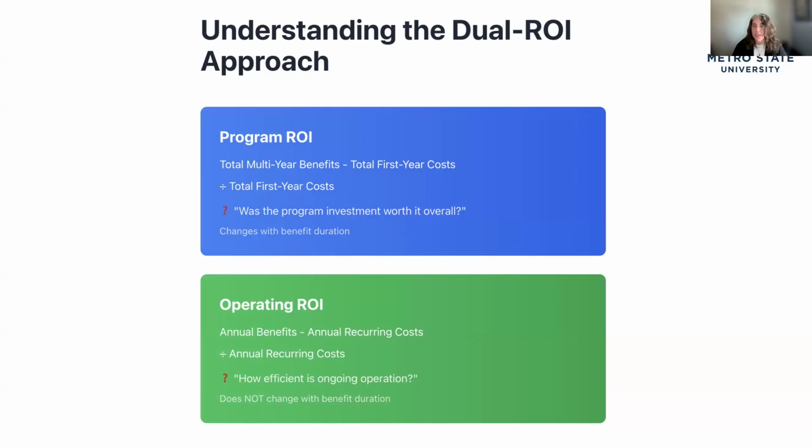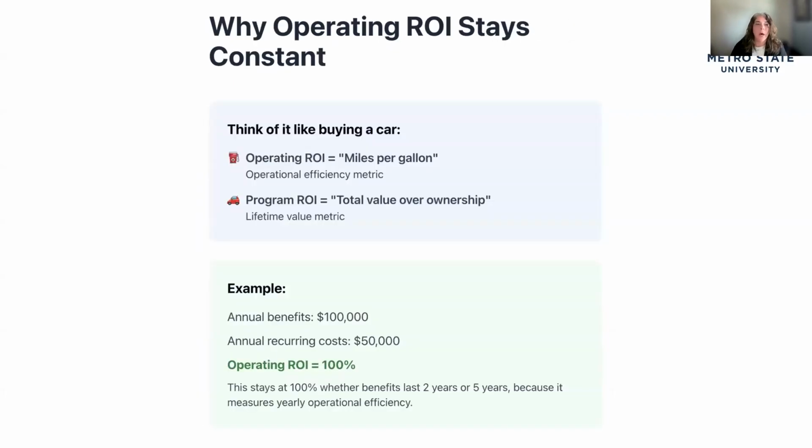You're just looking at, if I run this year over year, what is that ROI? So the calculator will give you both of those. One last example of the difference between these two: I think of operating ROI like the miles per gallon that I get when I have a car, but my program ROI is the total value over my whole ownership of that car, a lifetime value metric. Those are the different things.